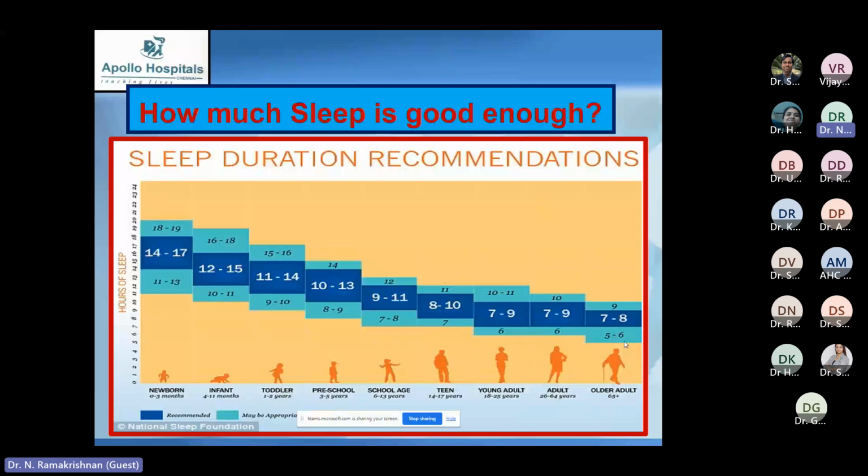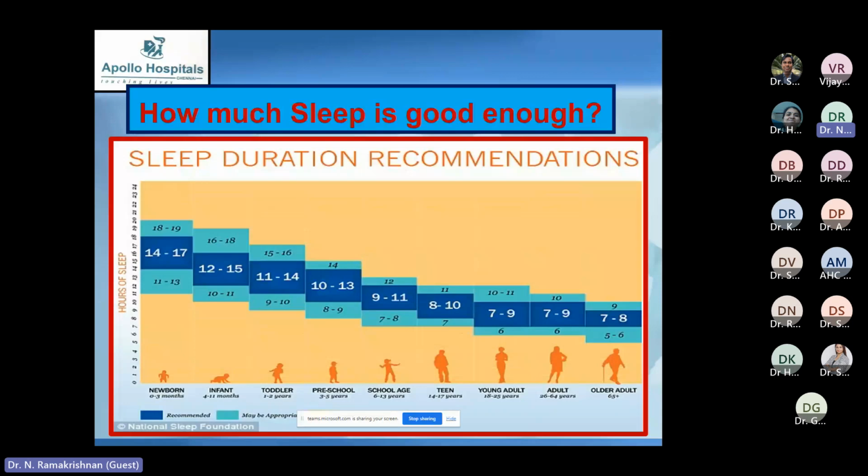and when do we really have a problem? Obviously, the sleep requirement varies with age. As you can see here, a newborn can sleep almost 14 to 18 hours through the day, and the sleep gradually shrinks, and at about school-going age, the child starts sleeping about 10 to 13 hours, some of which may be during the afternoon. And as they advance in school, they almost get to adult sleeping patterns somewhere in their teens and young adult ages, when they roughly need about 7 to 9 hours.